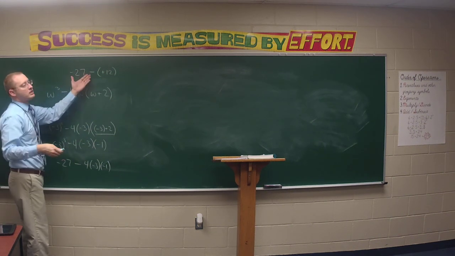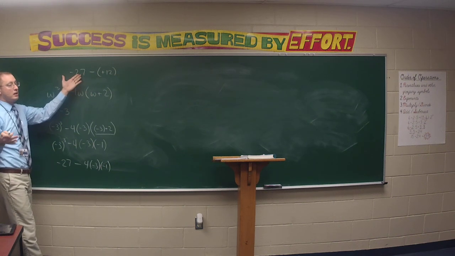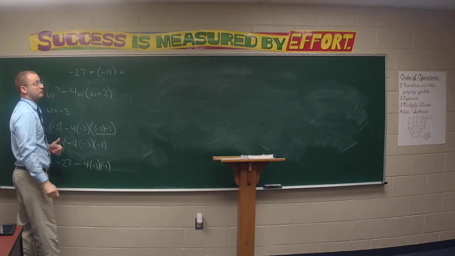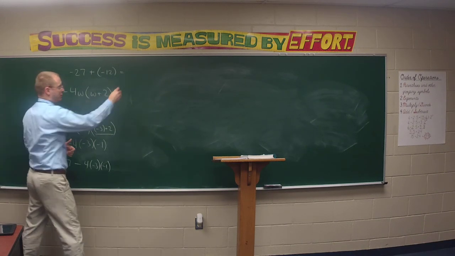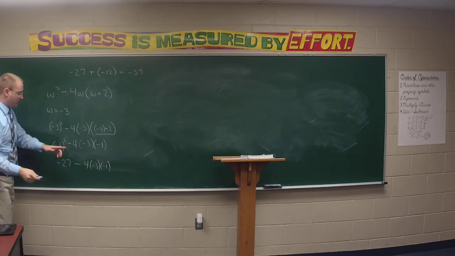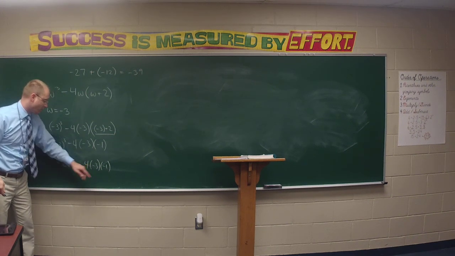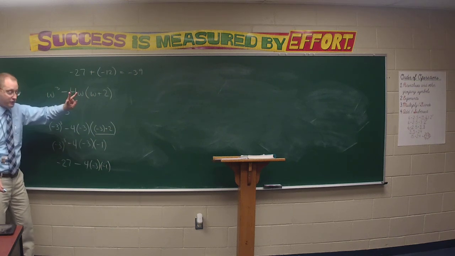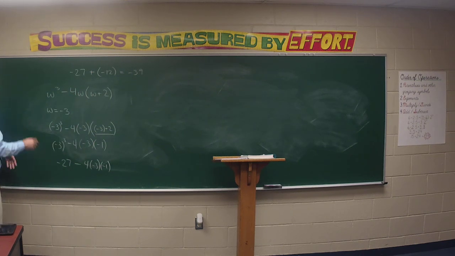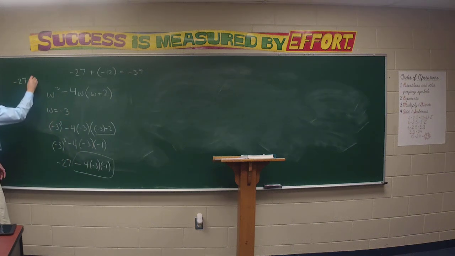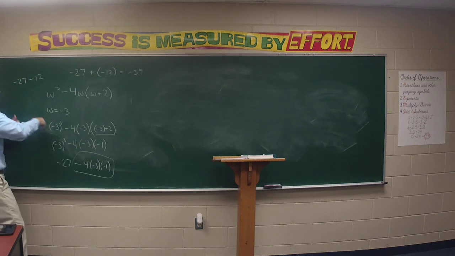But we never really subtract in algebra class, we add the inverse, and that gives us -39. The other option is to look at this as a -4 being multiplied by a -3 being multiplied by a -1, in which case I have 1, 2, 3 negatives. Well, 3 negatives comes out negative, which gives me -27, and this all becomes a -12, which still gives me -39. So a couple ways to look at that.